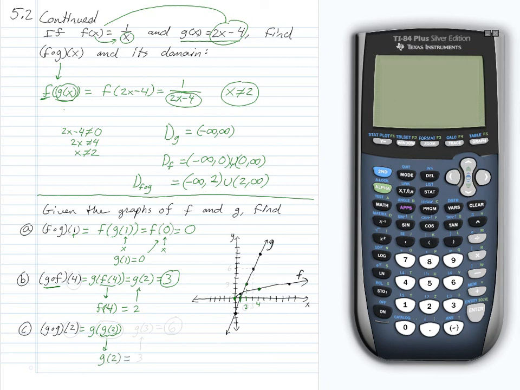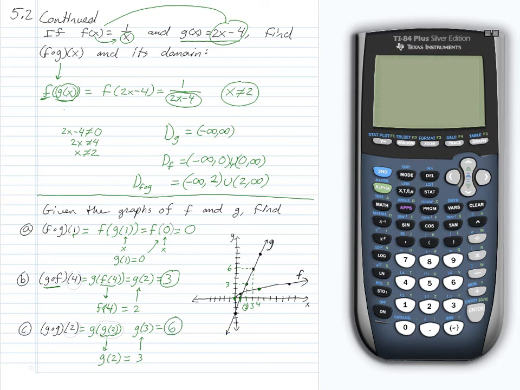Now again, we're looking along the linear graph, coming over to 2, coming up to the graph. That's at a height of 3. So that's going to become our input. So g of 3, now I need to think of 3 as my input, come along the x-axis to 3, come up to my linear graph, and the output should be 6.